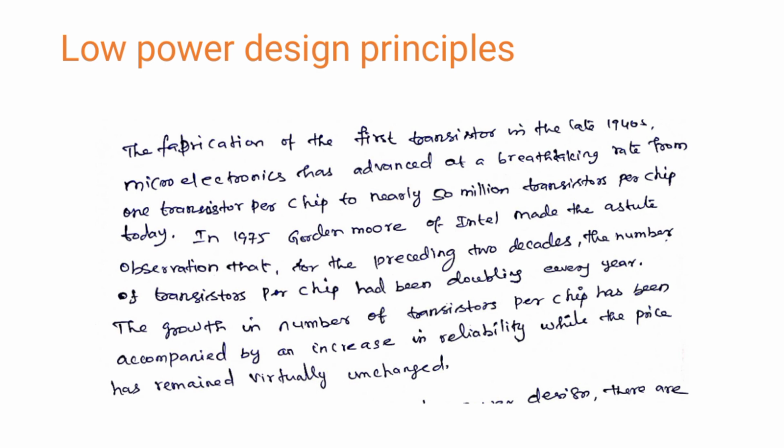For example, now it's 2020, and I'm taking 100 transistors in a single chip. In 2040 it will increase to double. That's what he stated in 1975. Like that only it has happened.